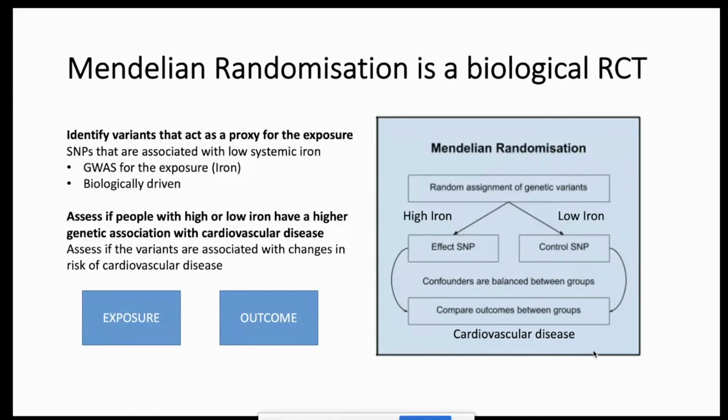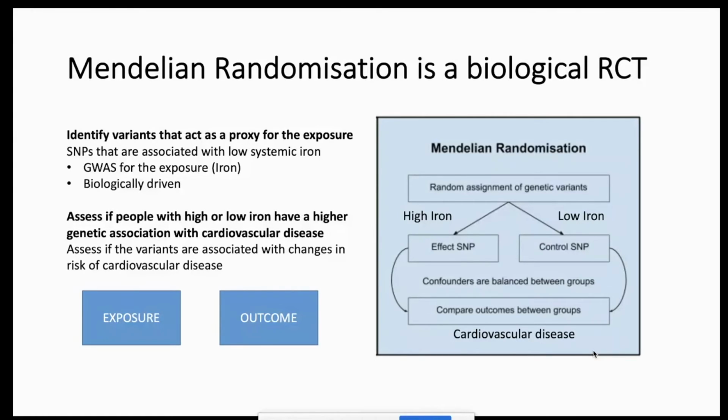You would find these variants using a genome-wide association study, or else we could find these variants using our biological knowledge of which variants are associated with high iron. And then we randomize people according to their allocation of these genes. So we look at if you have this SNP, is your outcome of cardiovascular disease different if you don't have that SNP?